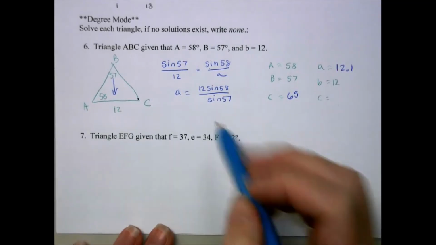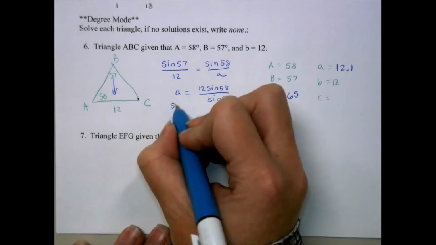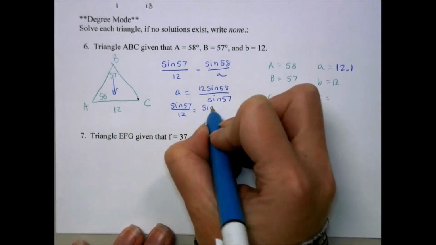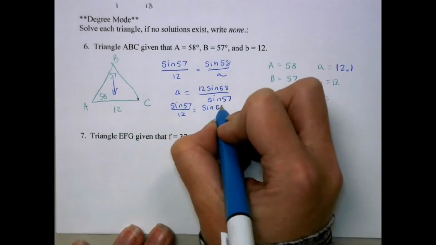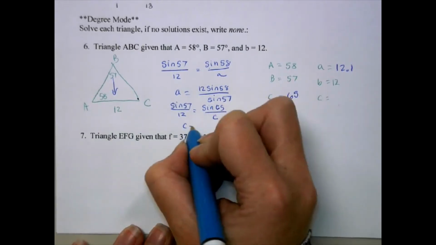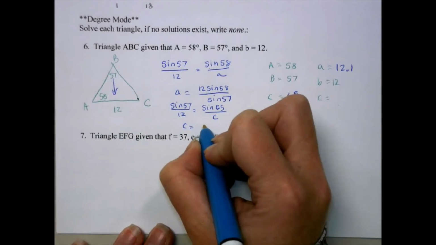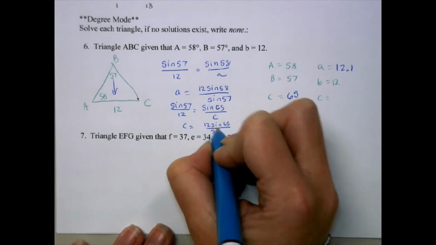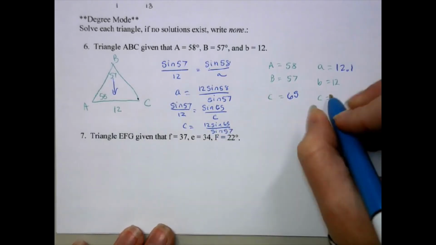So sine 57 over 12 equals sine 65 over c. So c is going to be 12 sine 65 over sine 57, which is going to be 13.0.